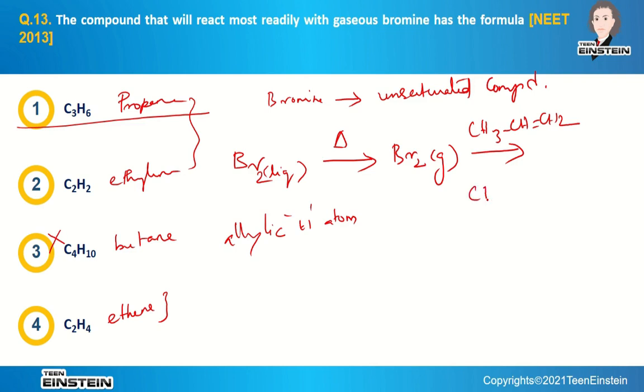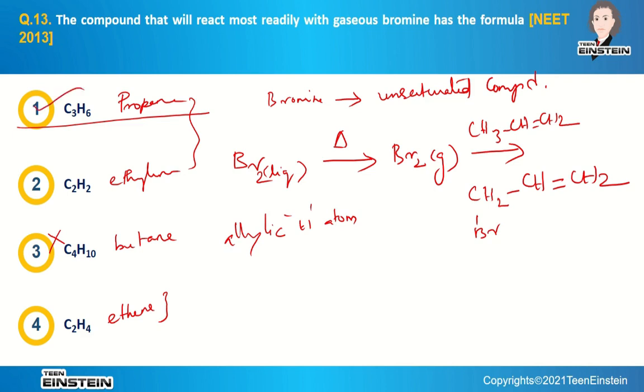So we get CH2Br CH double bond CH2. Allylic hydrogen is not present in ethene, so this cannot be the answer.